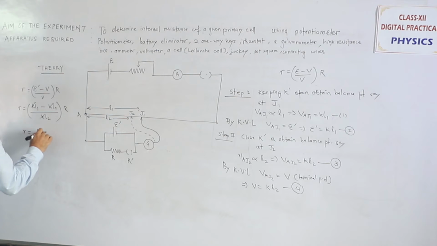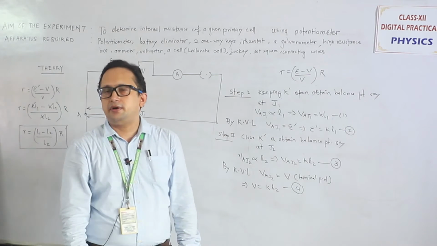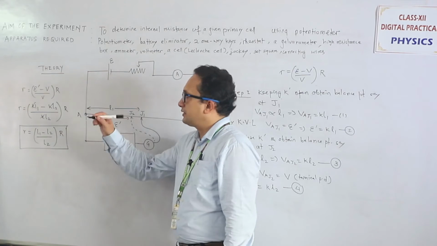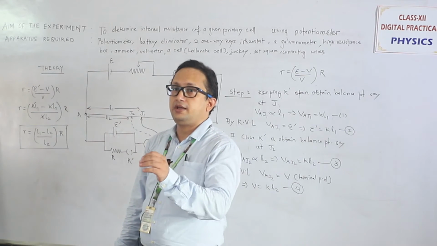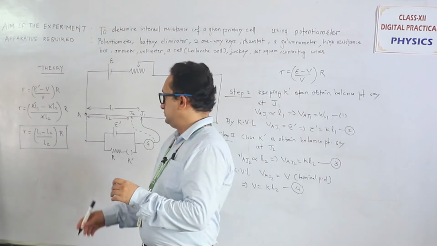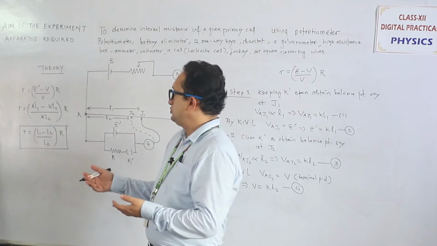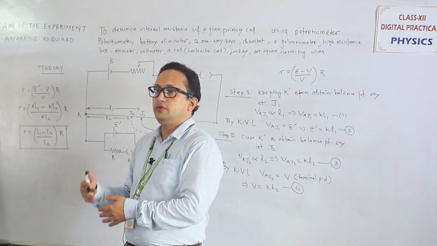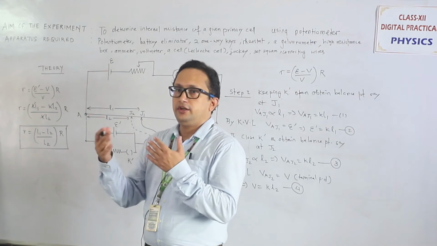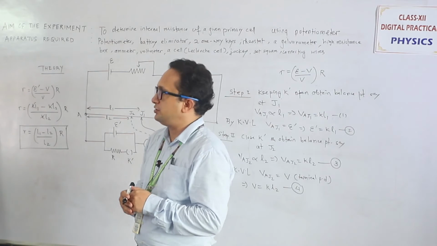So small r is L1 minus L2 by L2 into R. This is the final working formula, and this is how we can determine the internal resistance just by knowing the balancing lengths when K prime is open and when K prime is closed. For the detailed experiment, we will go over to ma'am, who will explain how the internal resistance can be obtained with proper precautions.